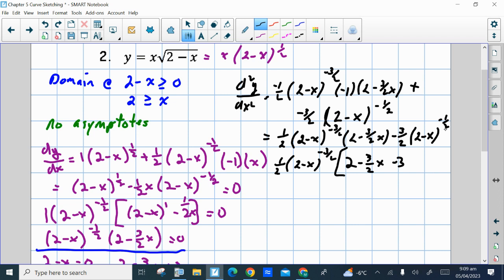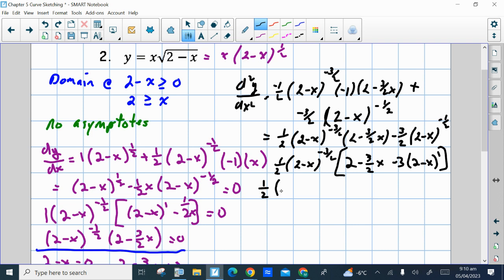And when you divide 2 minus x to the negative 1/2 by 2 minus x to the negative 3/2, you subtract the exponents, keep the base the same. Negative 1/2 minus negative 3/2 becomes negative 1/2 plus 3/2, which is 2/2, or 1.